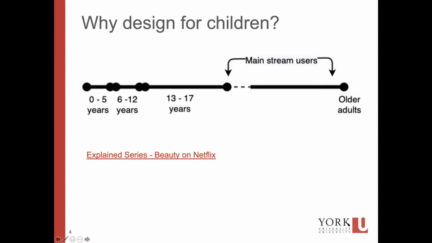So for example, in my experience with designing for children and with children, I have seen three main stages in which children change their behavior and interactions. When they are born and before they start going to school. So the numbers I have on the screen for the three stages are in relation to the Australian education system, but in North America, the numbers may change a little bit here and there.